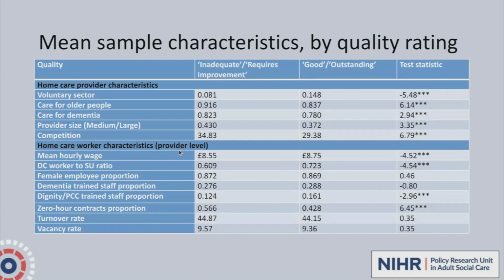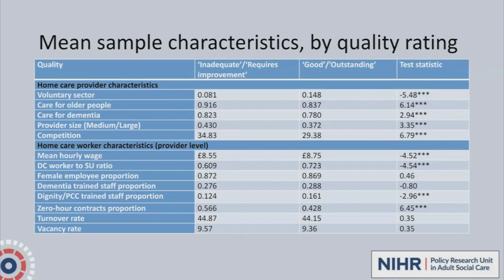Okay, mean sample characteristics. These are the general provider level characteristics, and also the home care worker characteristics at the provider level. We present these by mean and proportions by quality rating. We've got inadequate and requires improvement in the first column and good and outstanding in the second column.